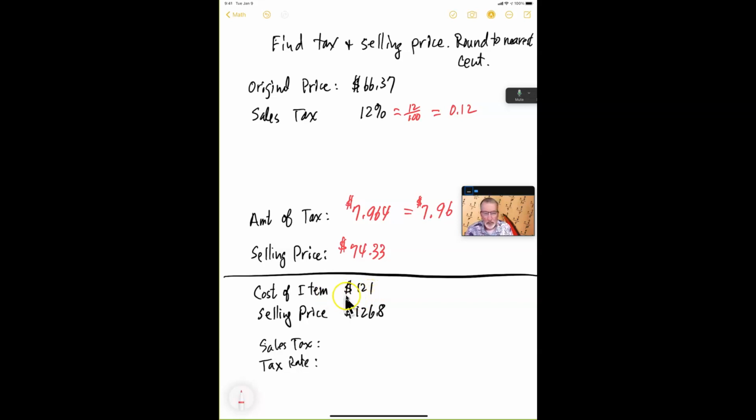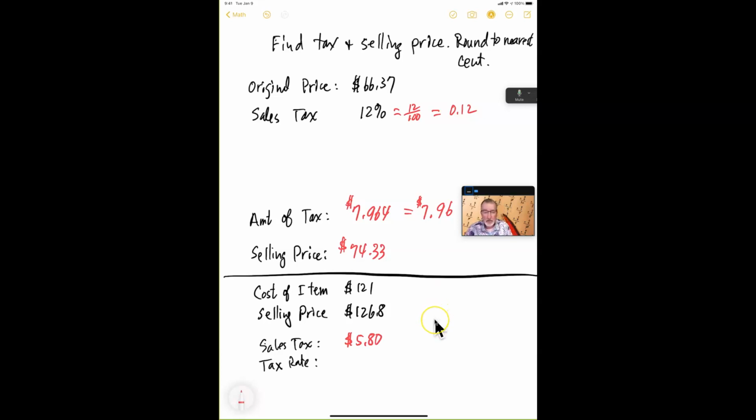I don't know why they're calling it the cost of the item. This is the selling price, the original price and the selling price. So we're going to subtract those. So use your calculator. 126.80 minus 121, maybe you can do it in your head, should be $5.80. So the sales tax is $5.80.